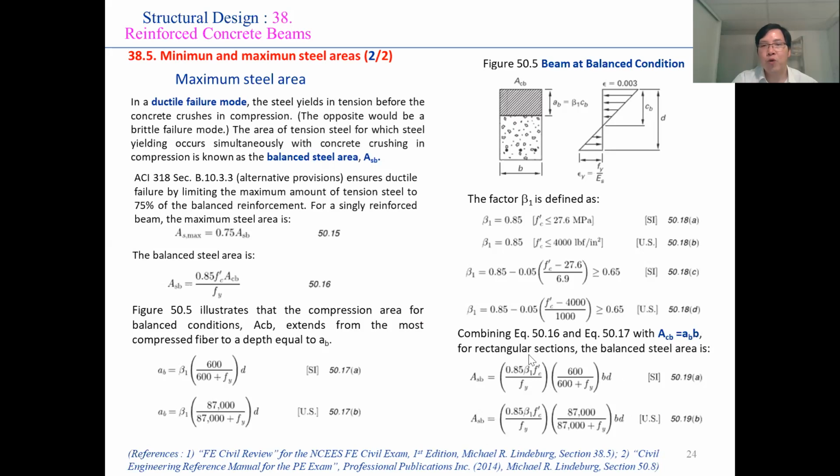So you have two equations. The first one is established according to the international system units, and the second one is established according to the United States units.